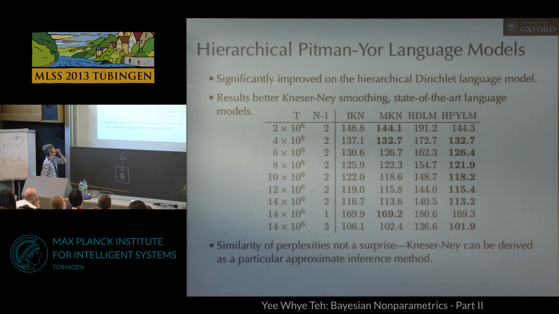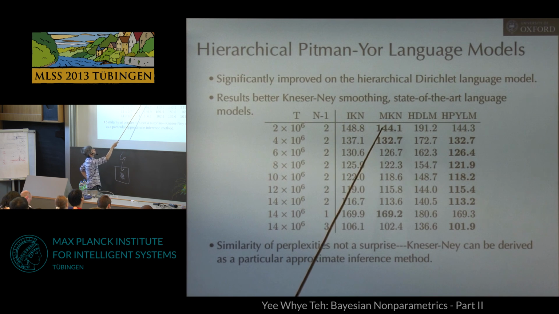Here is a language modeling application where we're comparing a hierarchical Pitman-Yor process against a hierarchical Dirichlet process, versus two of the state-of-the-art smoothing algorithms in language models called interpolated Kneser-Ney and modified Kneser-Ney. Those numbers are perplexities, so basically, how perplexed is your model?